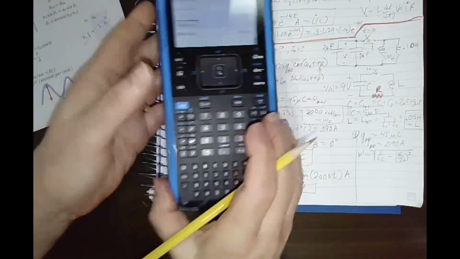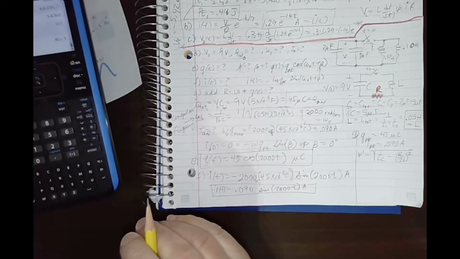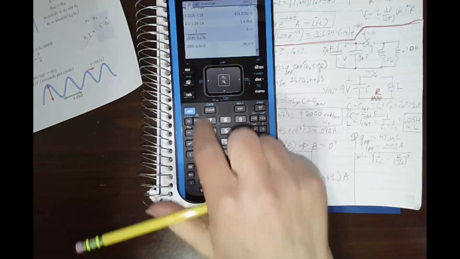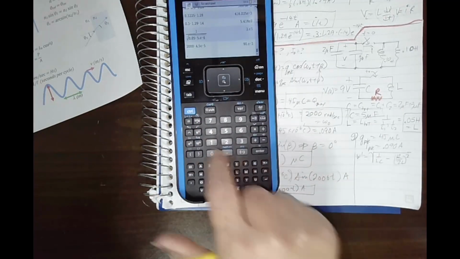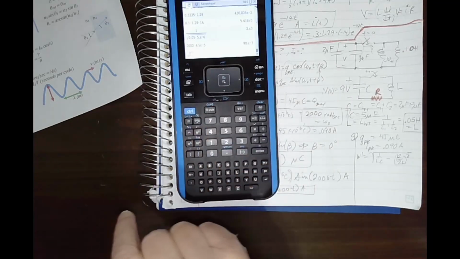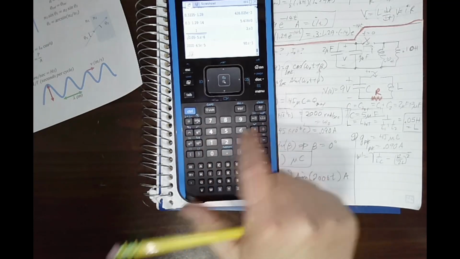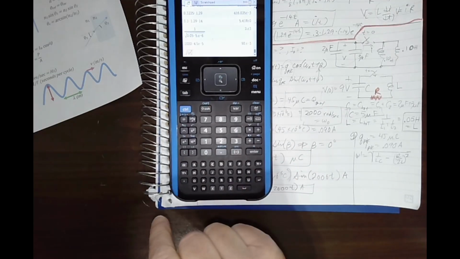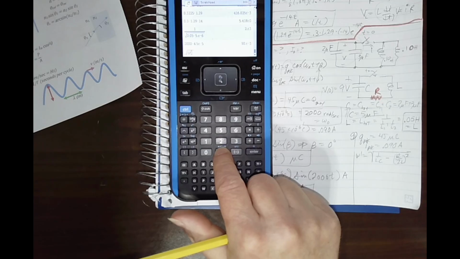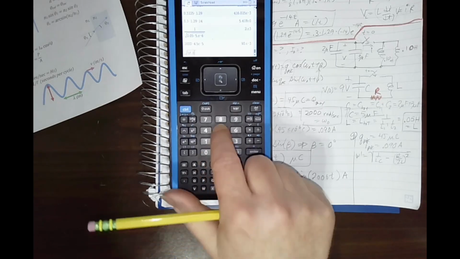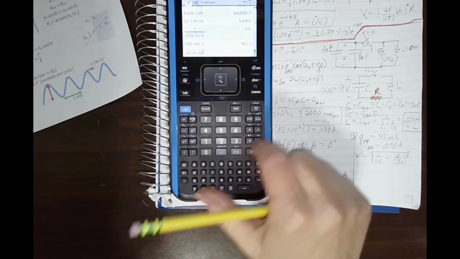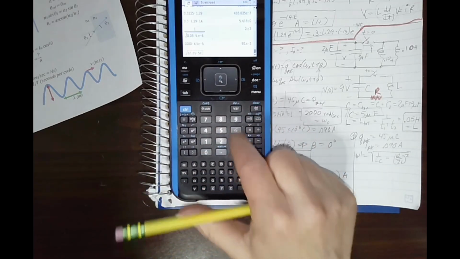Just plug it in since I don't have room. So we're going to have the square root of 1 divided by, in parentheses, LC. L is 0.05 and C is 5e-6.